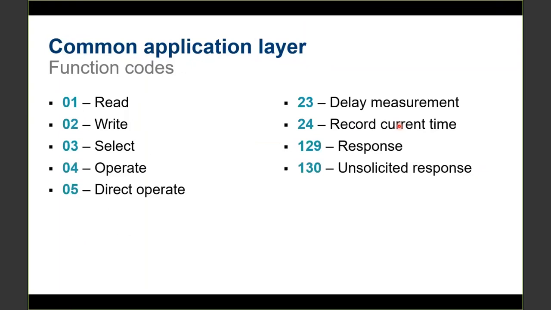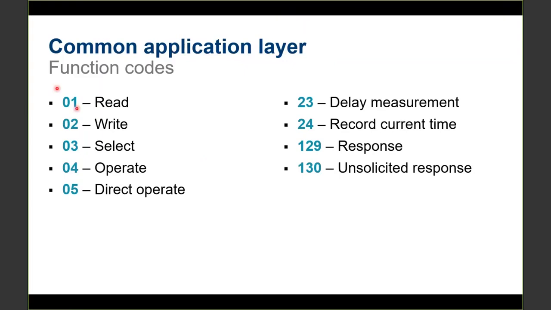Still in the application layer, the DNP protocol also combines the type of object and the function code. The function code means what the master station wants to do. The DNP protocol has many function codes, but I put only the most common ones on this slide.